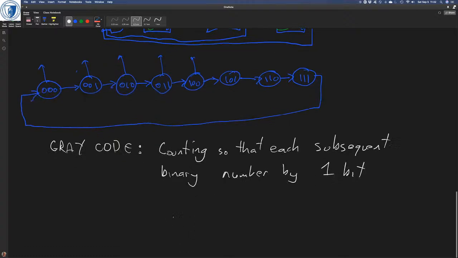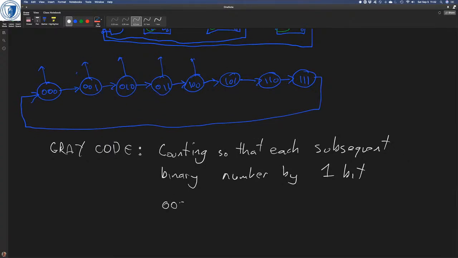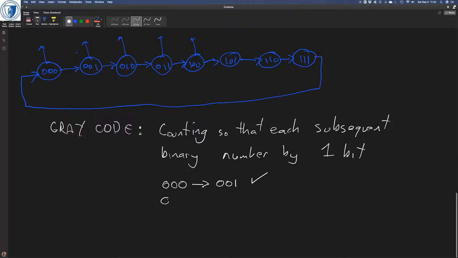Right? So going from 0, 0, 0 to 0, 0, 1, that's okay. That's part of the grey code. 0, 0, 1. Now we can't go to 0, 1, 0, right? Because now we've got 2 bits that have changed. It would be 0, 1, 1. So going from 0, 0, 1 would be 0, 1, 1, right?